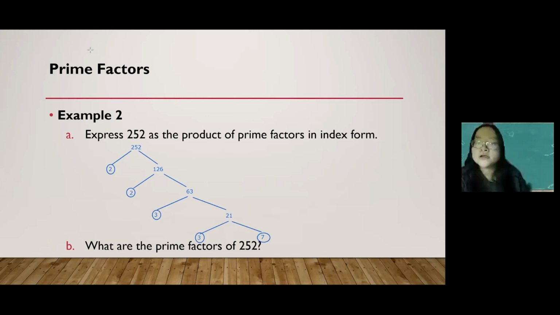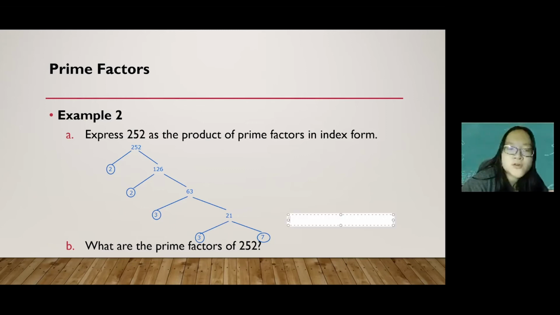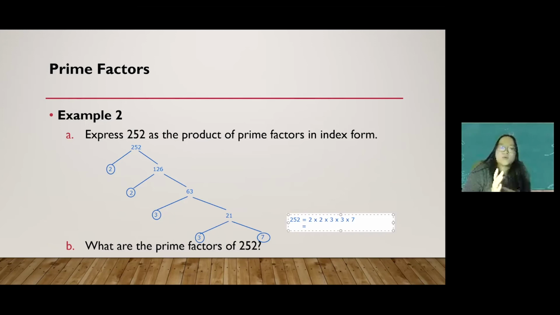All we've done here is to find its prime factors, but we haven't expressed it in index form, which means using exponents, okay? So first, I'm just going to write it out as 2 times 2 times 3 times 3 times 7. 252 equals that. Okay, sometimes this is enough, but again, this question specifies index form, so I want to use exponents to do it.